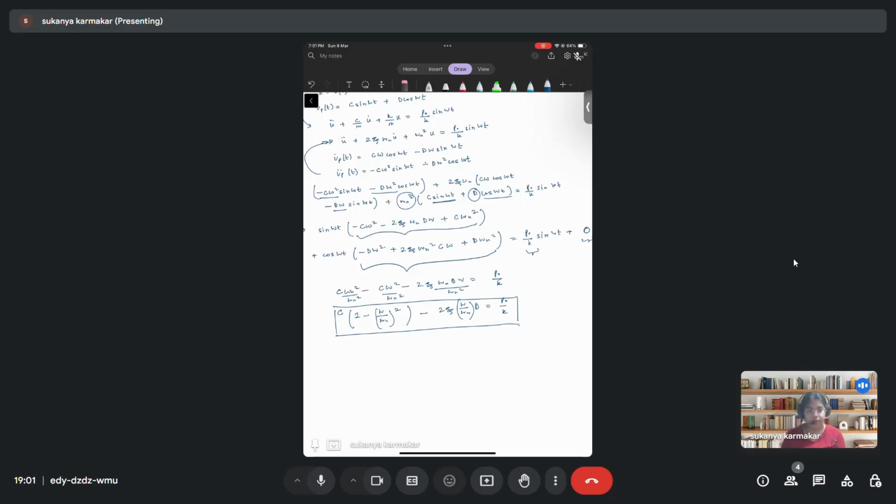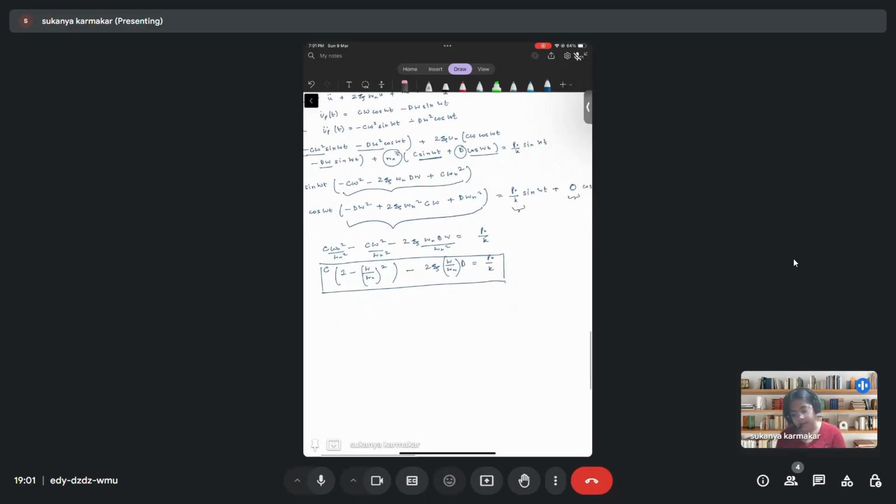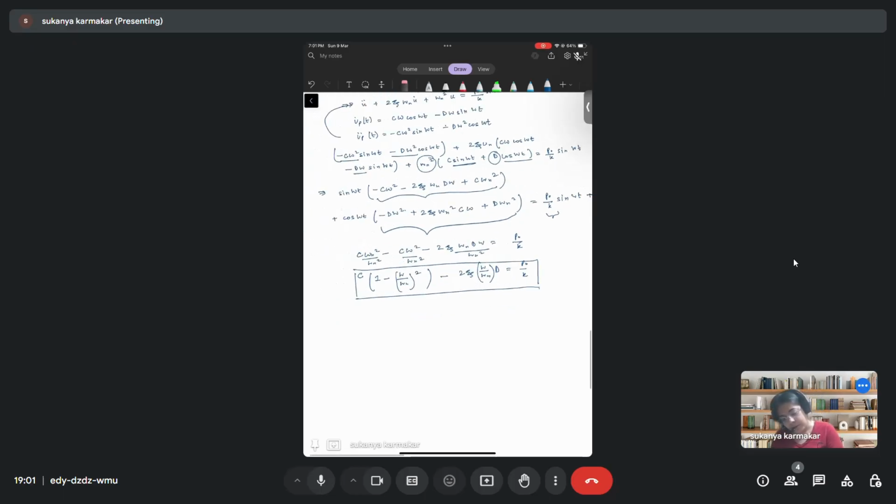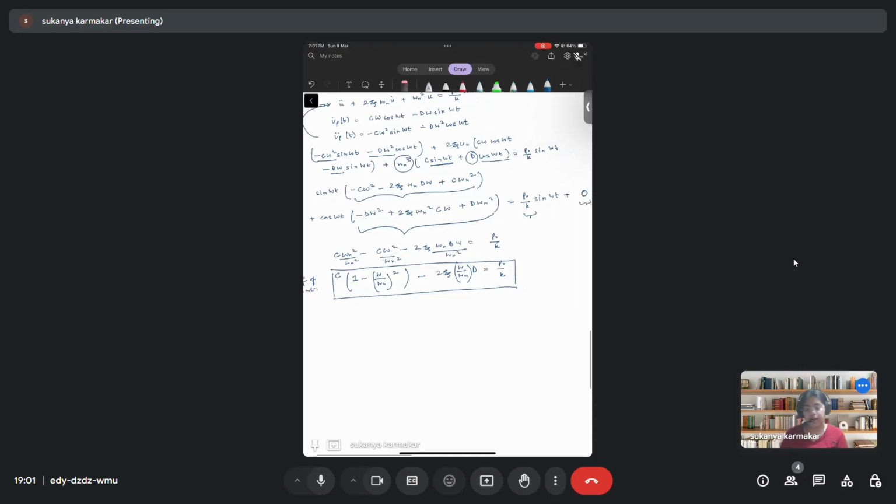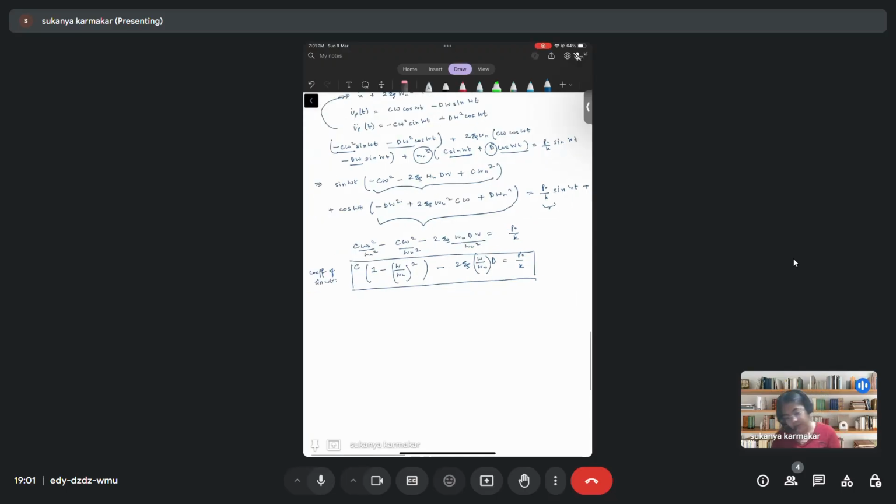So this is my first equation, and my next equation comes from equating the coefficient of cos omega t, after the one from the coefficient of sin omega t.